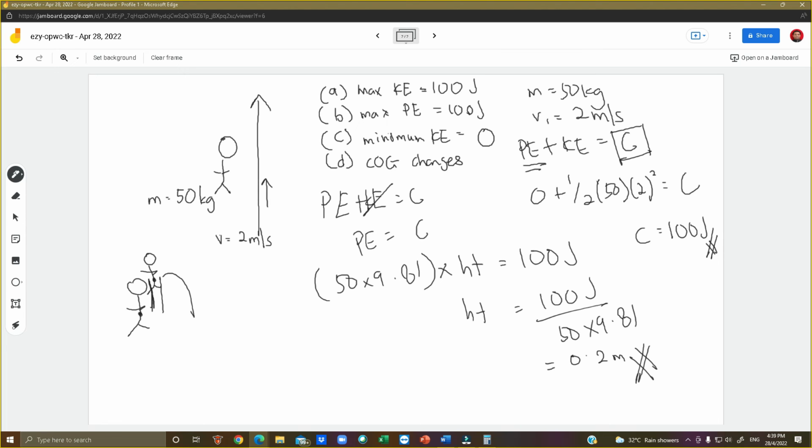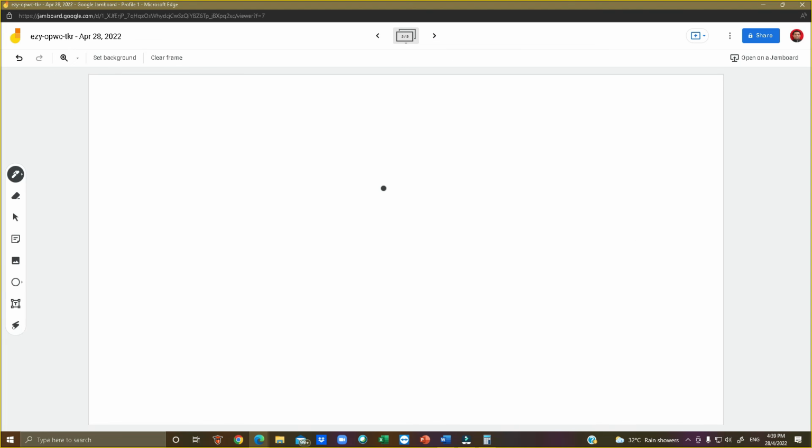Okay, let's go to the last one before we end the class. Alright, the same cases. We have a ball being tossed upwards. The weight of the ball is 7 Newton, and the initial velocity of this ball is 10 meter per second.